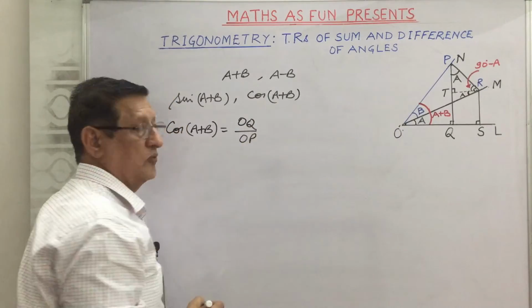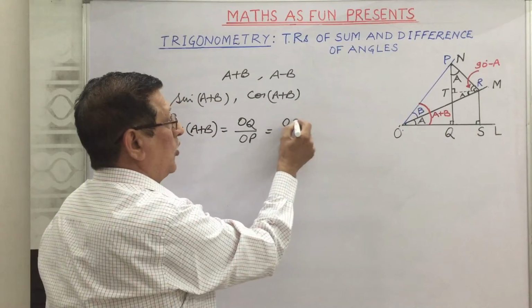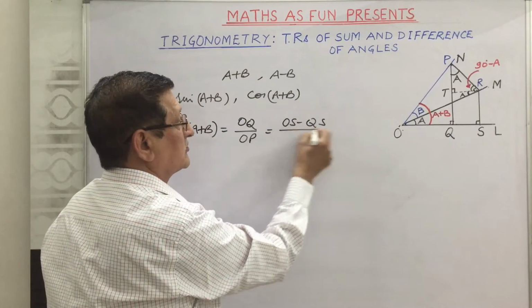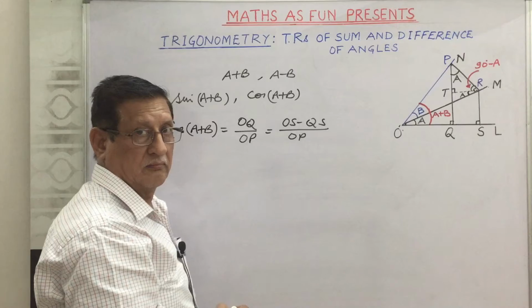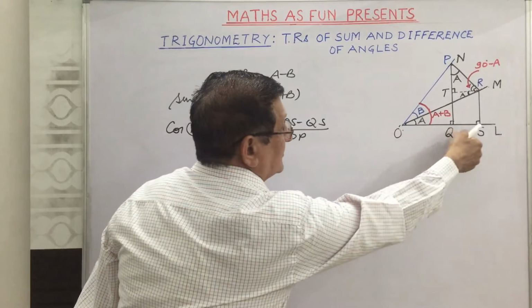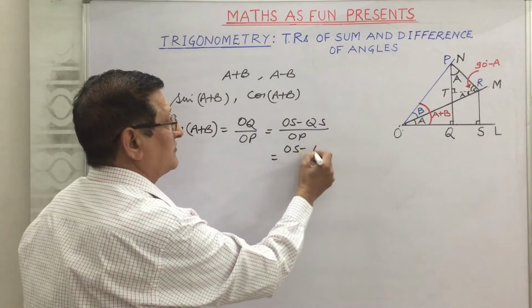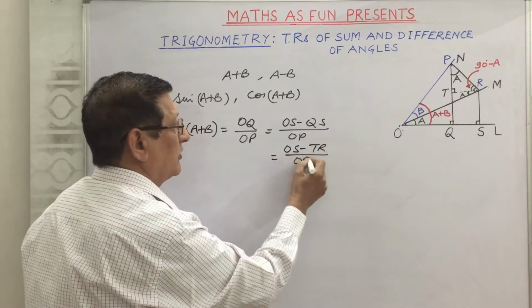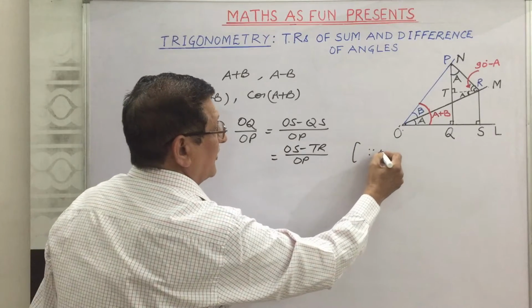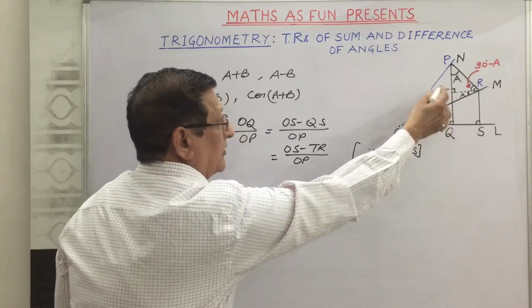This is OQ upon OP. Can we write OQ as OS minus QS? And we also see here that QS is the same as TR. So can we write here OS minus TR upon OP? Since TR is the same as QS because this is a rectangle.